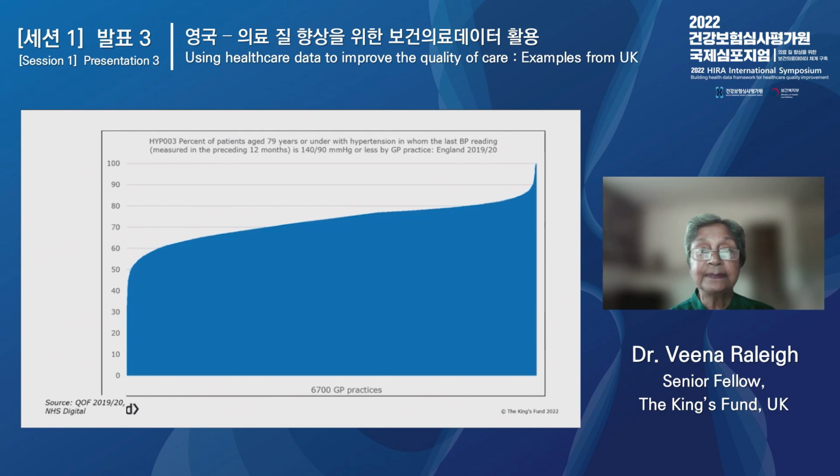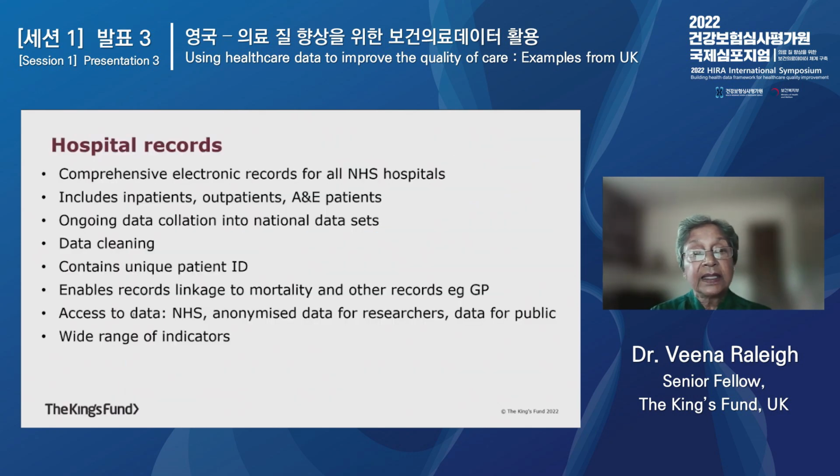Next slide, please. So I'll say a few words now about our hospital records. I know that in South Korea, you have very rich data, and we have learned through the HCQ OECD program, we have heard a lot about the very rich data that you have in South Korea.